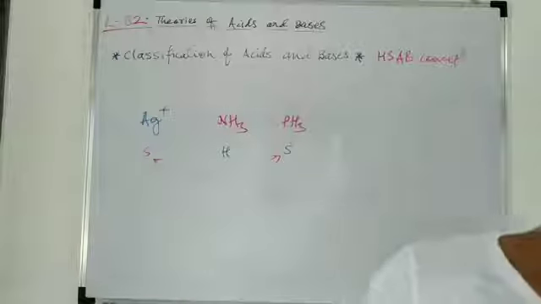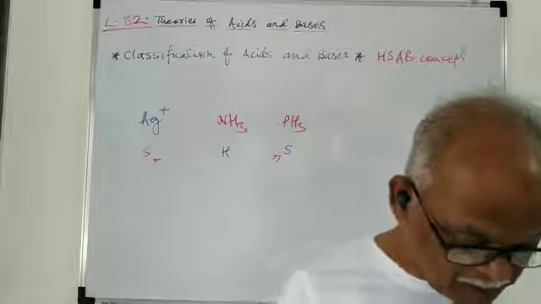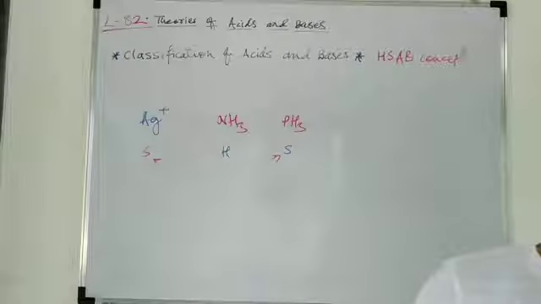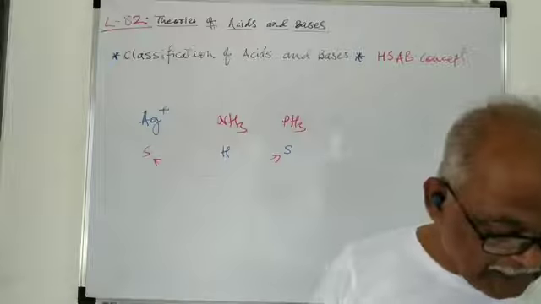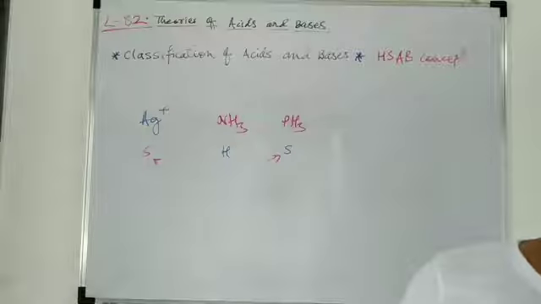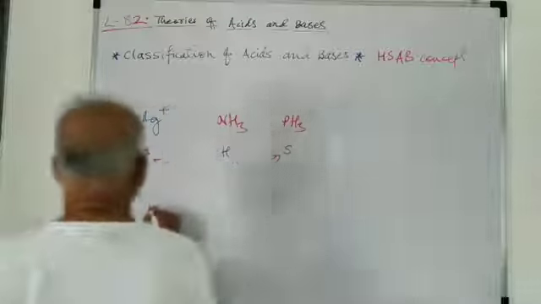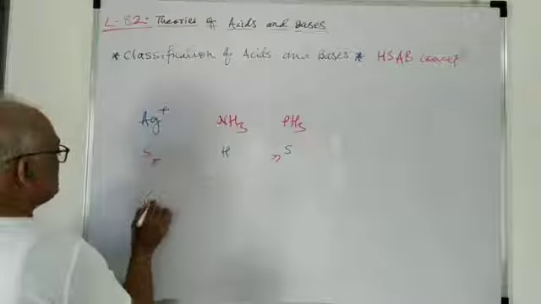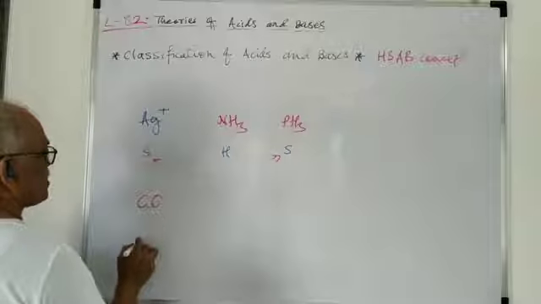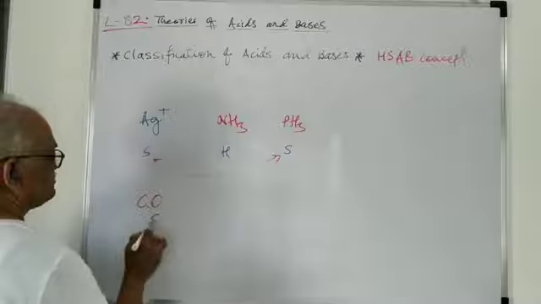Then if you consider another example, will Fe2 plus or Fe3 plus react more strongly with CO? Carbon monoxide is a soft species, and this is the Lewis base.